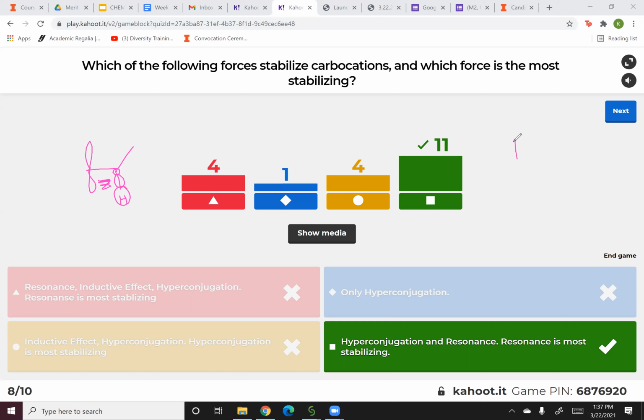So if we imagine having a carbocation like this versus a carbocation where that fluorine is just a methyl, what's going to happen is that fluorine is going to pull electron density away from our carbocation, thus destabilizing the carbocation. So the inductive effect always destabilizes carbocations.